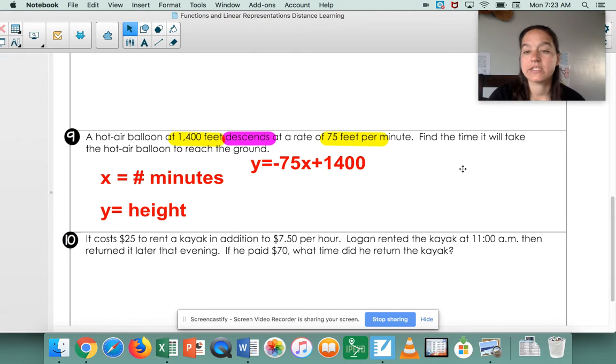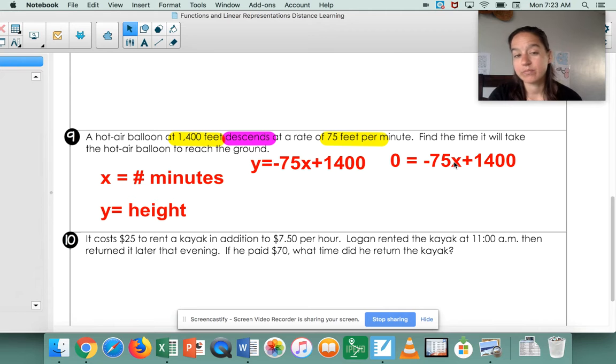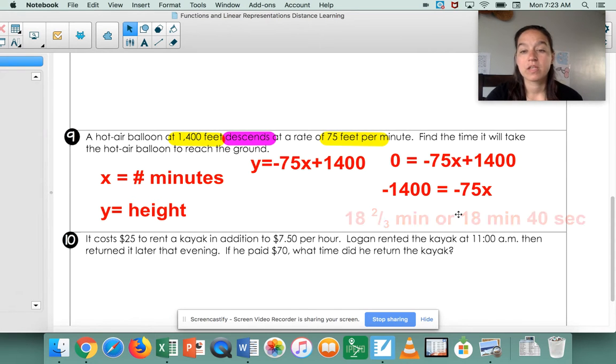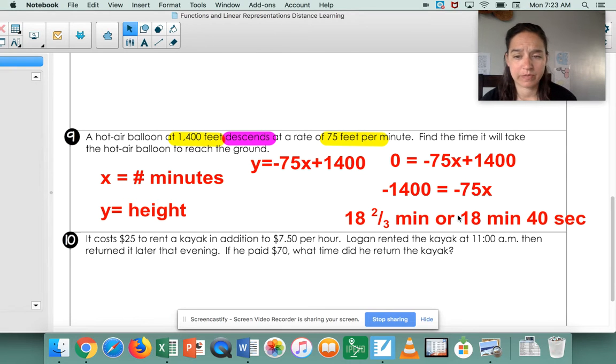We plugged in 0 for our y, because we wanted to know how long it would take to get to 0. Then we solved our one-step equations. We subtracted the 1,400 over, and then we divided by negative 75, which gave us 18 2/3 minutes, or 18 minutes and 40 seconds.